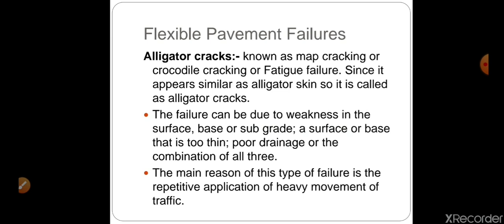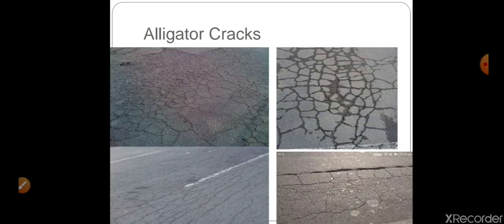The failure can be due to weakness in the surface, or it might be the base or subgrade. A failure of a base that is too thin, poor drainage, or a combination of all three. The main reason for this type of failure is repetitive application of heavy moving traffic. This is how it is called alligator cracking. You can see it in the pictures.